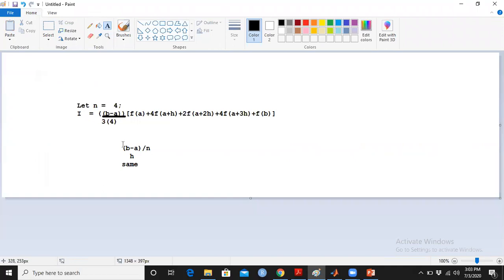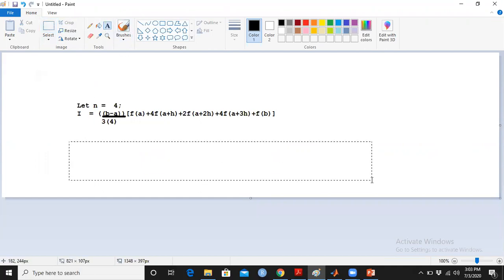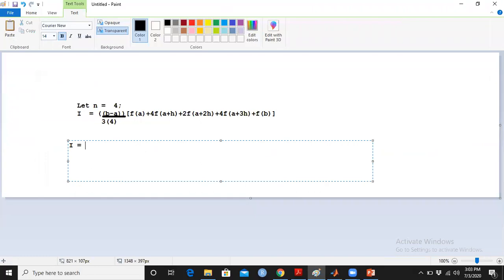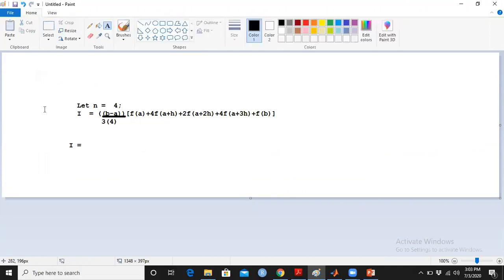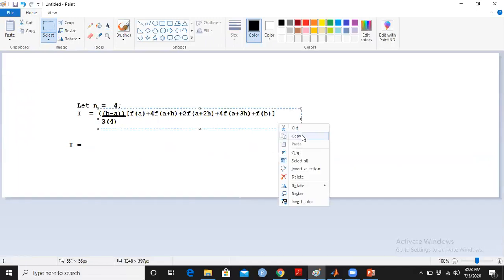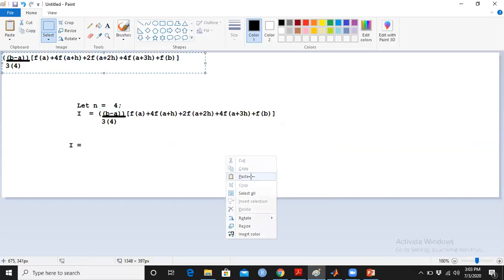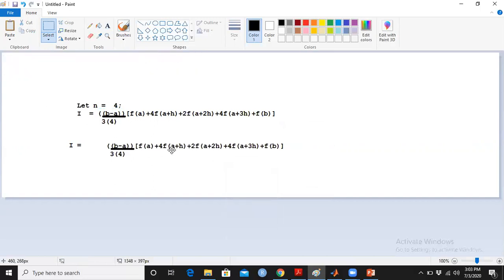Now remember that when n is equal to 6, how will the formula look? Let me quickly type it here. The formula shall look like (b minus a) divided by 3n. Now what will change?